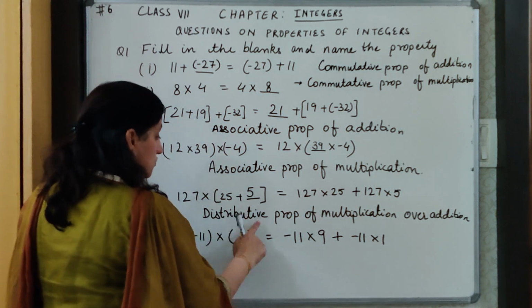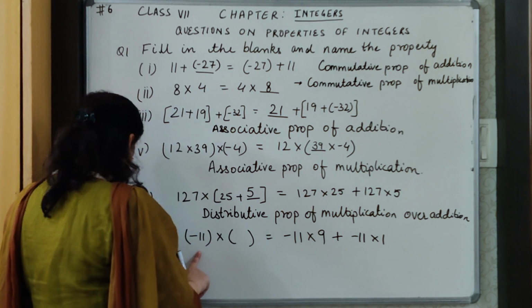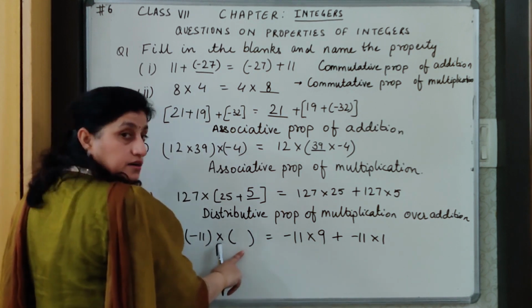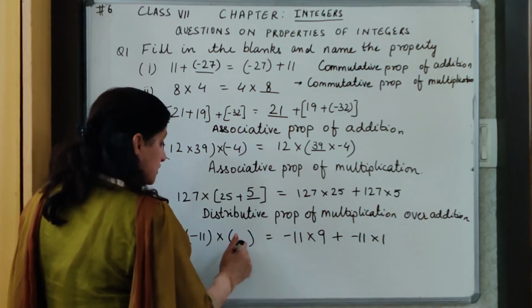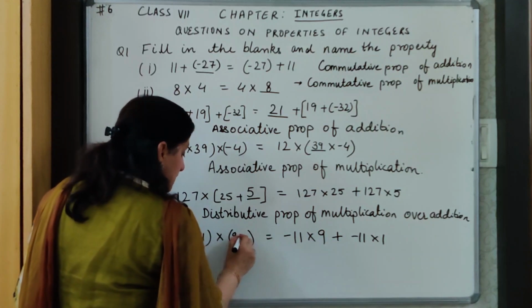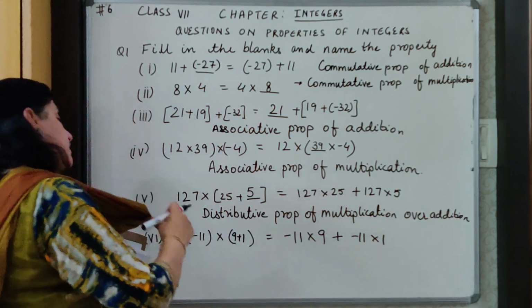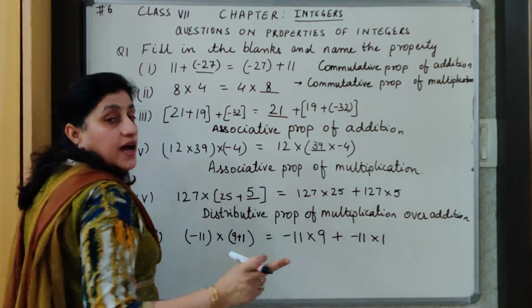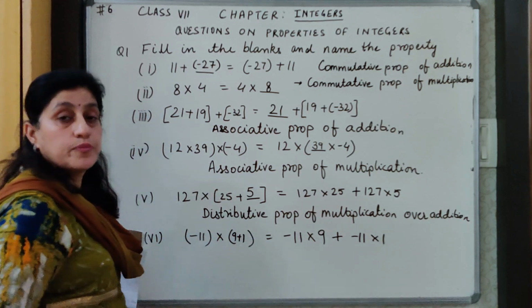Now this is also a similar property, as I can see here. There is minus 11 and the bracket we have to fill, and minus 11 is distributed to the first number also, that is 9. Then we have the plus sign and then we have the 1. So here we can leave it like this also, and we can write this as 10 also. And which property is this?